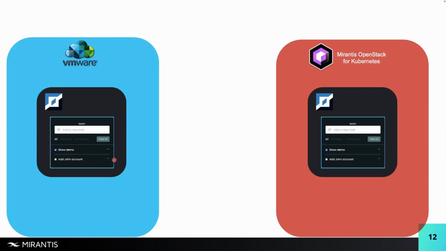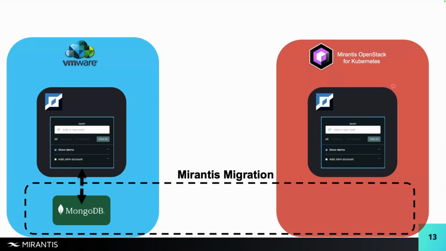On the back end, though, the Tasky application connects to a MongoDB instance, which lives in a virtual machine currently within VMware only, and it doesn't exist in the OpenStack environment. So we'll set up the link and actually migrate it over to OpenStack. Okay, so that's the setup of what we're going to be talking about today.